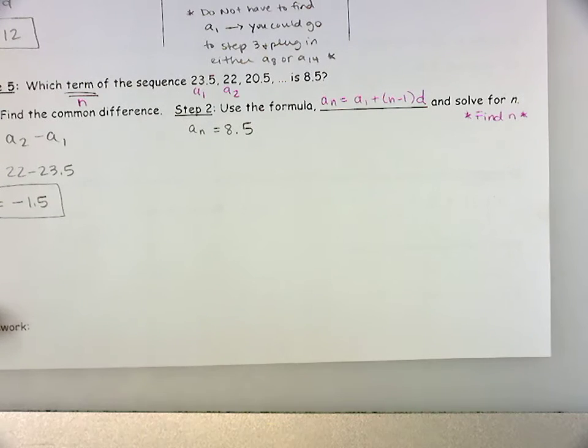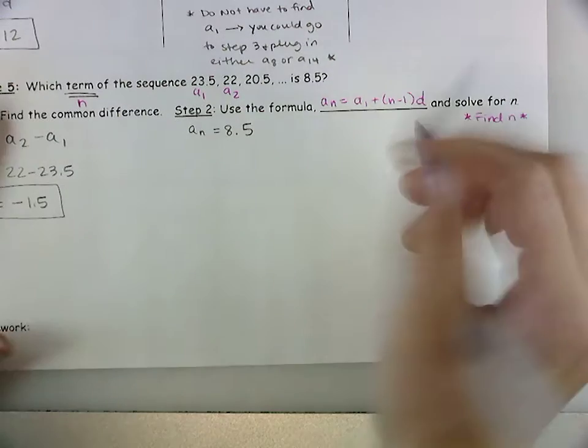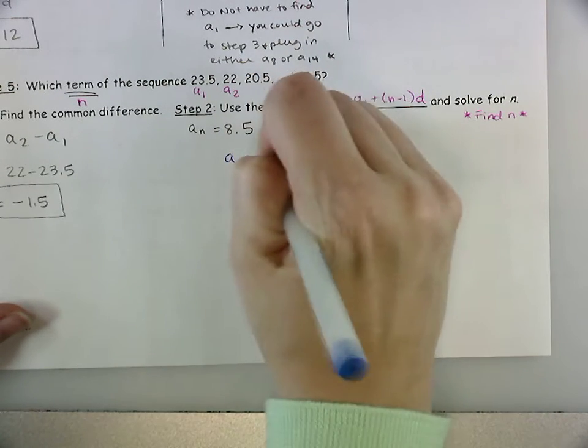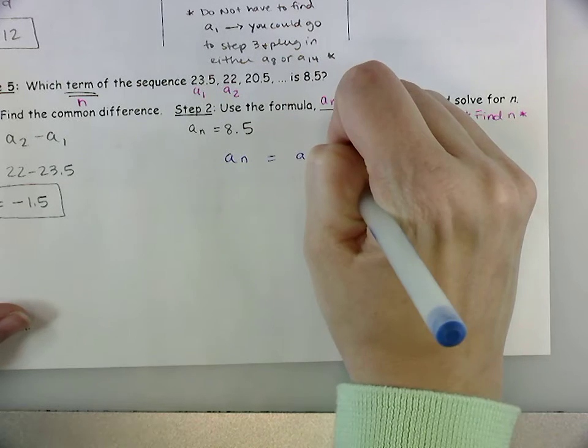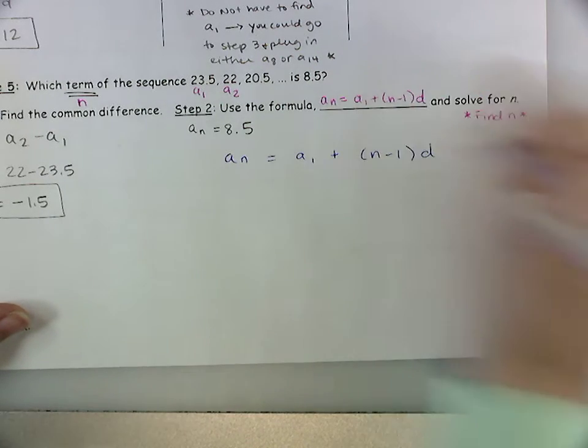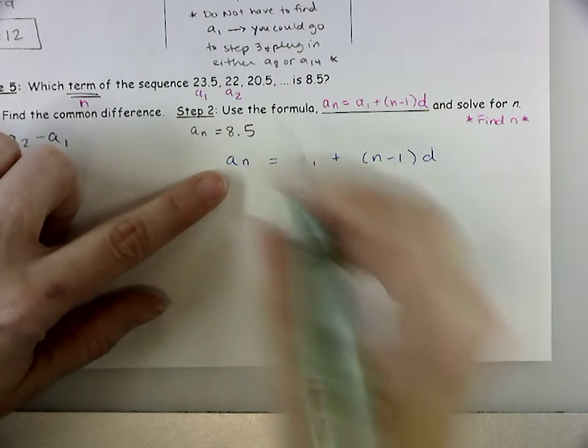I'm going to write out the equation first and then plug it in underneath, just so it's very clear what you're plugging in where, even though I know a lot of you are feeling very confident. So a sub n equals a sub 1 plus n minus 1 times d.